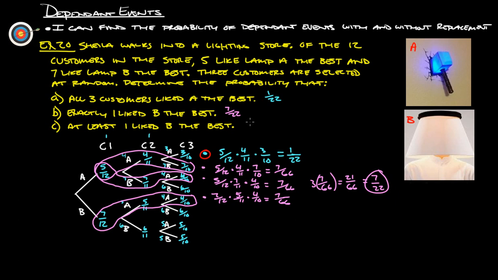So basically this is going to be 1 minus 1/22. So really that would be 22/22 minus 1/22, which means that's going to be 21 out of 22. At least one of them liked B the best. There's a 21 out of 22 chance.